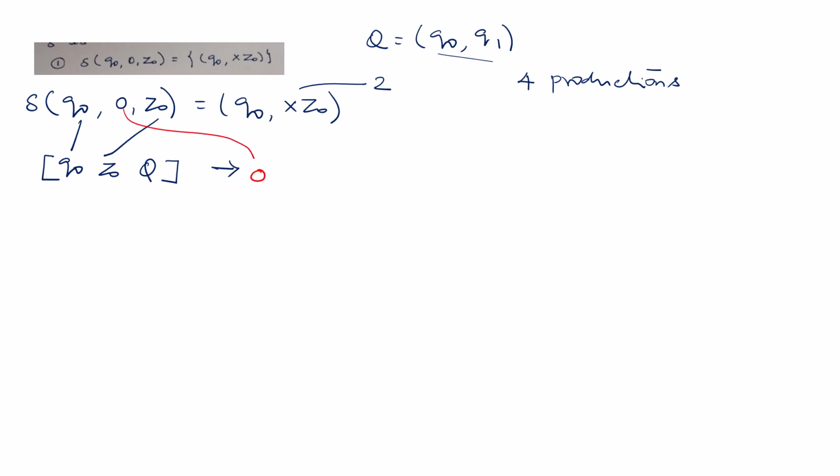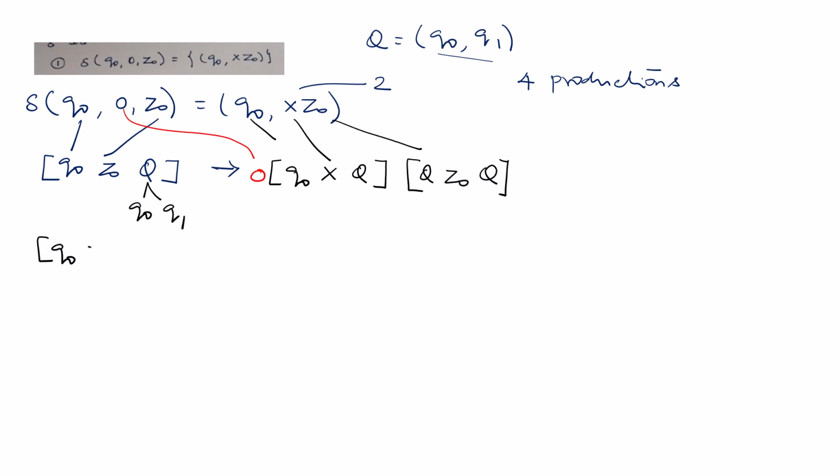Then we go with the input symbol 0, followed by Q0 and then X. Then we go with all possibilities of Q and one more symbol Z0, followed by all possibilities of Q. So how can we write the 4 possibilities here? The possibilities are Q0 and Q1.